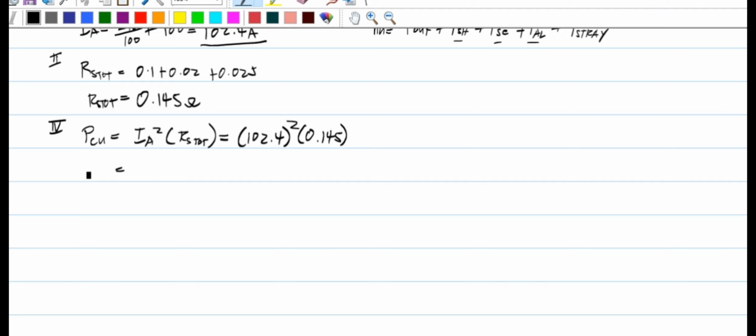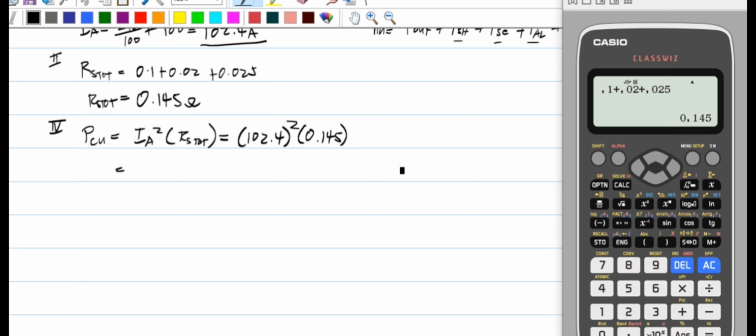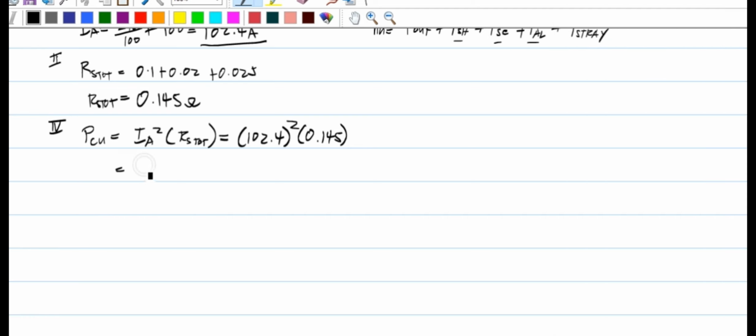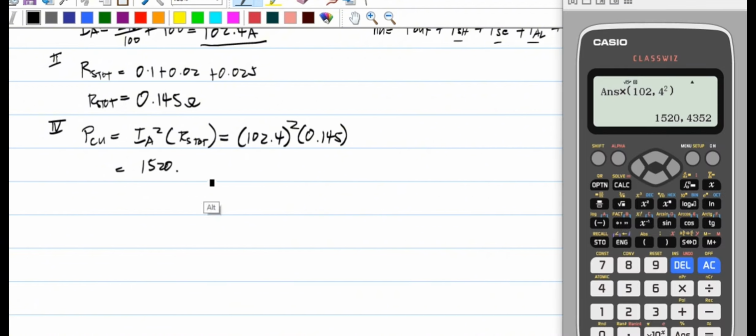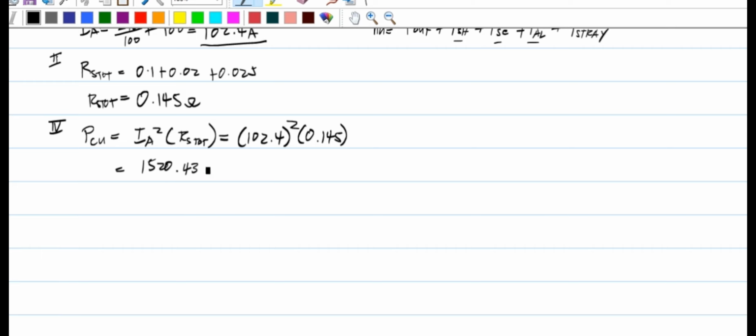Therefore, the total copper loss is equal to 102.4 squared times 0.145, which is 1520.43 watts. That's PCU.